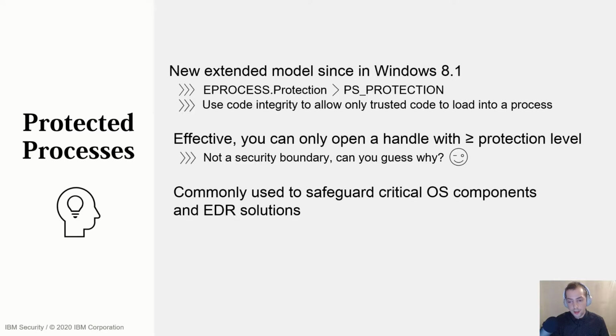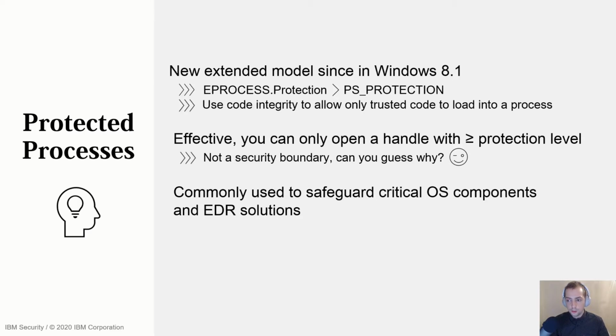security solutions like AV and EDR were a central point of failure, right? If an attacker achieved administrative privileges, they could just open a handle to the AV process and render it inoperable. So Microsoft wanted to allow those vendors a way to protect their processes against malicious access.